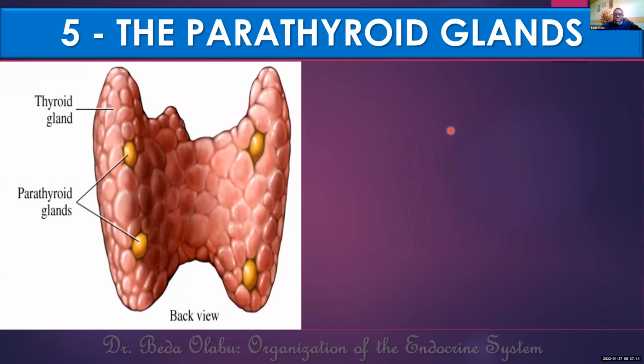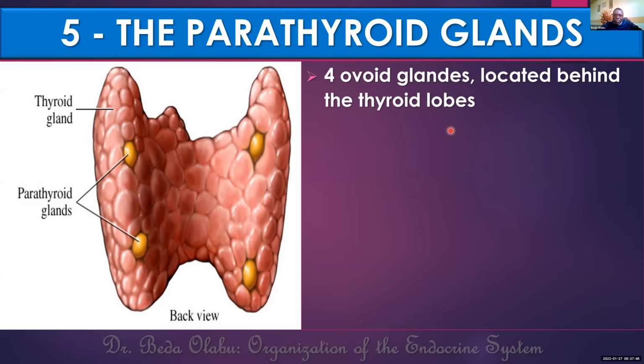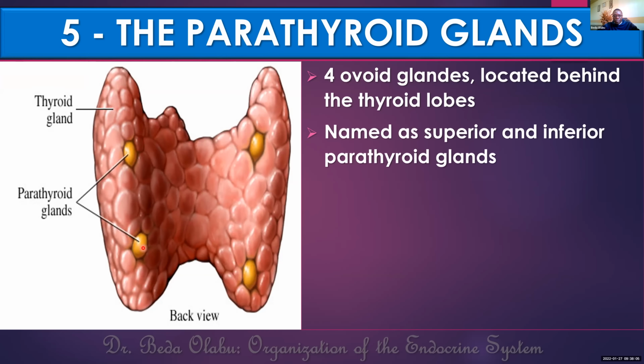There are 4 parathyroid glands usually. There are 4 ovoid glands located behind the lobes of thyroid gland. So these 2 are called the superior parathyroid glands, and these 2 are called the inferior parathyroid glands. We'll not say much about the gross anatomical part.